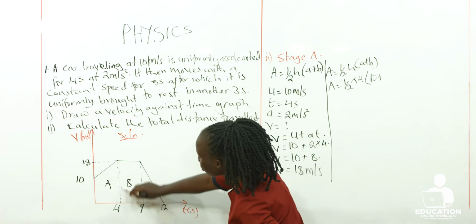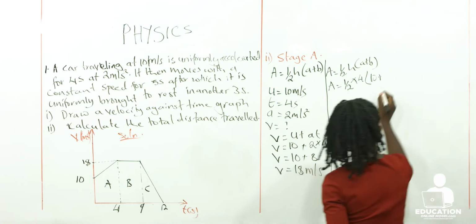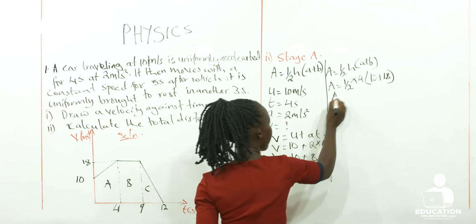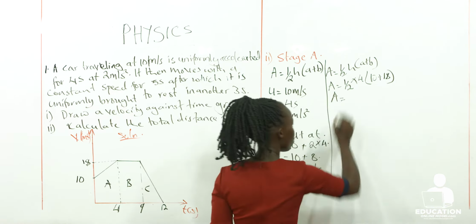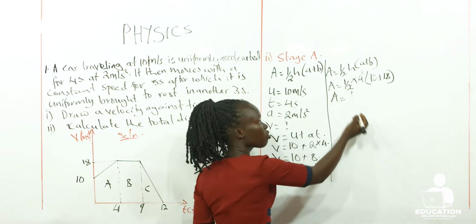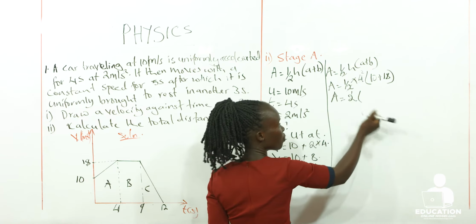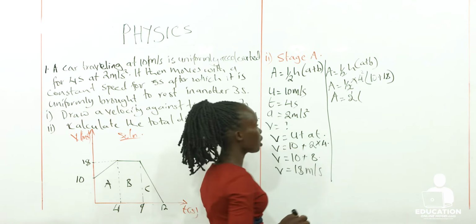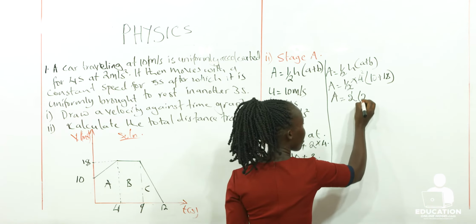The b is this long distance here, which is 18. So we shall have our area under the trapezium is equal to, this one will cancel with this 2, 2 will go here, 2 times 10 plus 18, which will give us 28. So here we have 28.